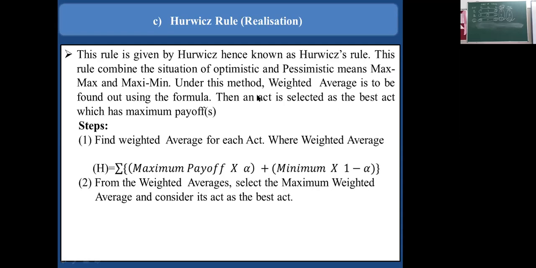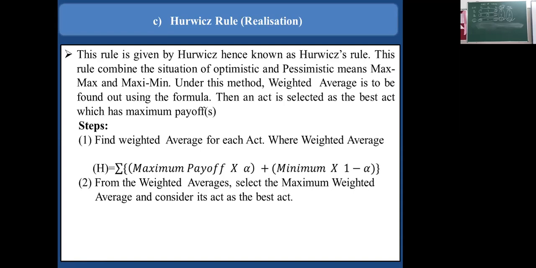That means it doesn't matter whether your situation is good or worst, it will give you an average profit. That's why it is called the weighted average method. This rule was given by Harvey, hence known as Harvey's rule. This rule combines the situations of optimistic and pessimistic, meaning maximax and maximin.